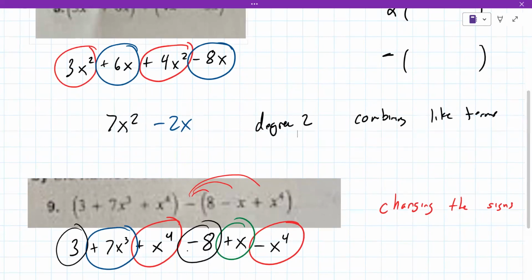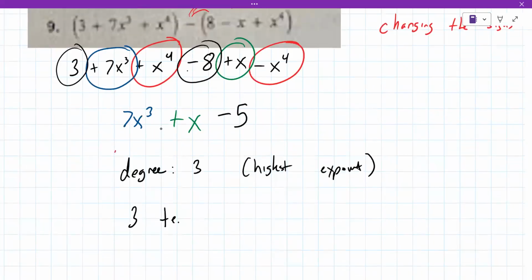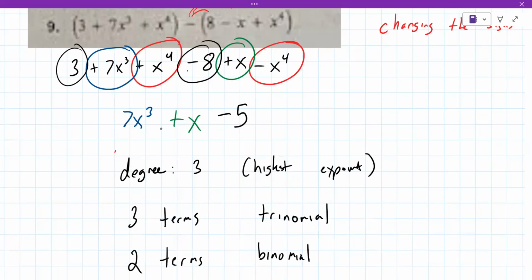And then classify the polynomial by the number of terms. So this has 3 terms. This one we're doing here is called a trinomial. If it has 2 terms, it's called a binomial. You can think of a bicycle or maybe a tricycle.